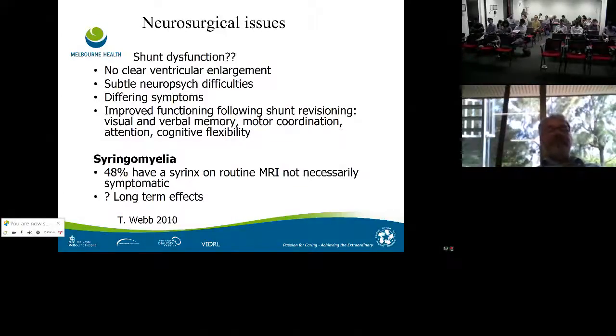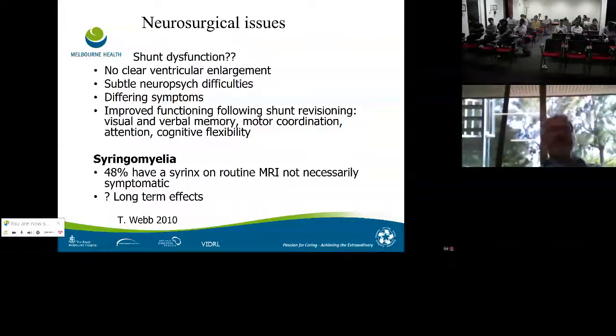There can be differing symptoms, and those can be quite difficult because some of them may be neuropsychological difficulties, and it's really very important to listen to parents. They are the people that will pick up subtle difficulties in cognition at a far earlier and greater stage than anyone else. And so don't play down those difficulties.